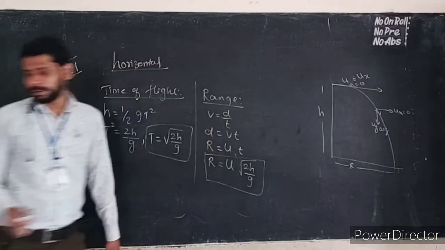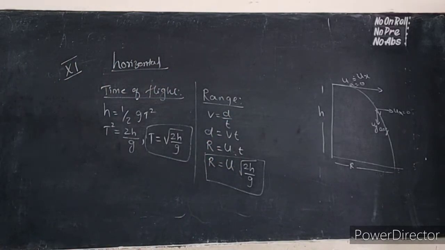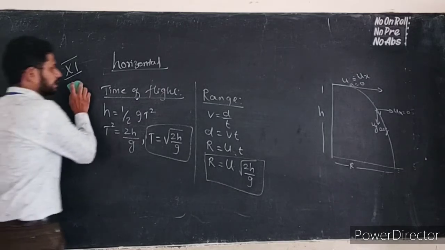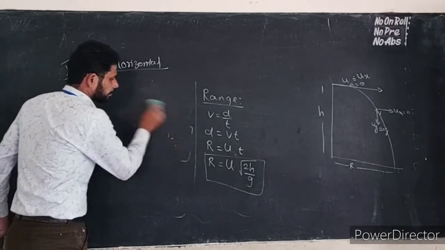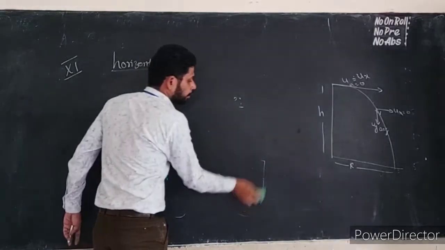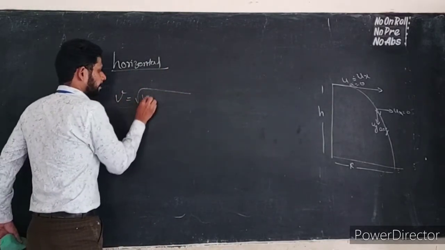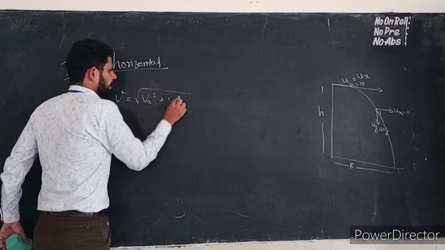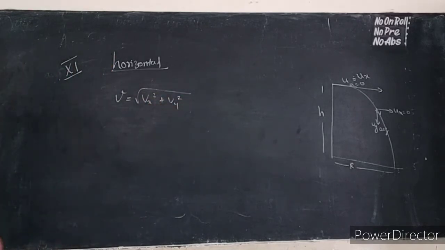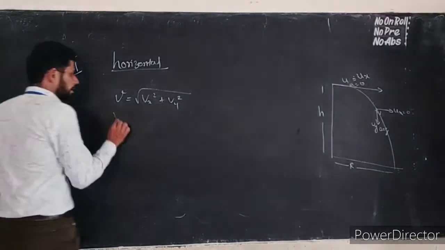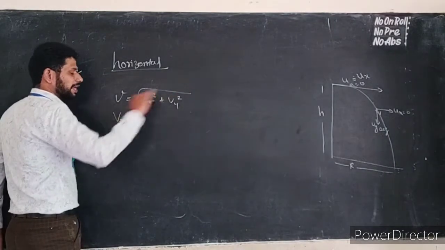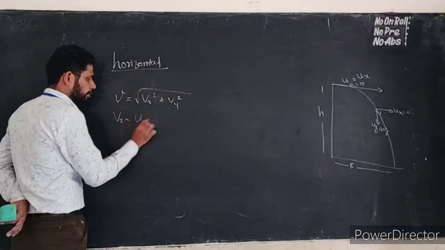The next thing we have to find is the resultant velocity. What is the total velocity of an object? The total velocity will be equal to root of vx squared plus vy squared. What is vx? The vx is nothing but your horizontal velocity, so it's nothing but your u.